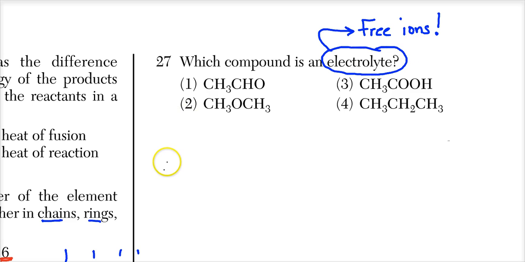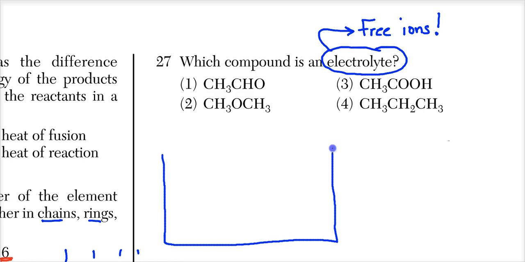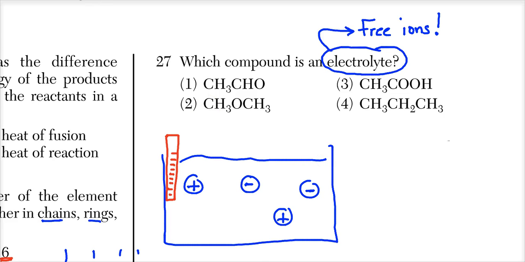Let's understand how it works. Okay, if I've got a what? A solution, and I've got positives and negatives and positives and negatives. And if I was to drop a negatively charged object on this side, what's going to happen in this solution is the positives are going to come running.